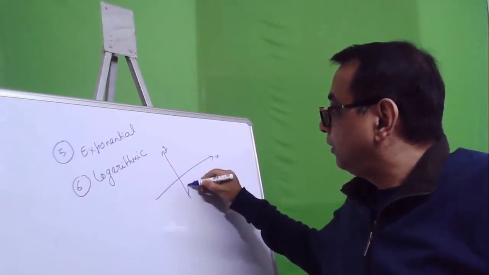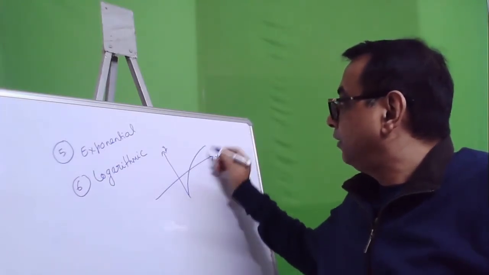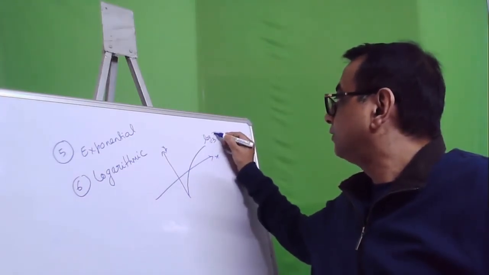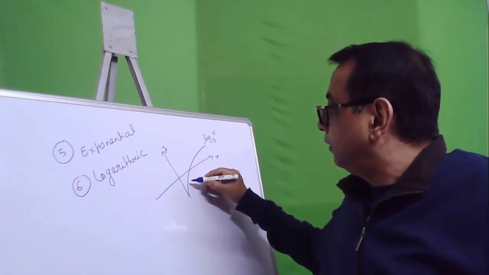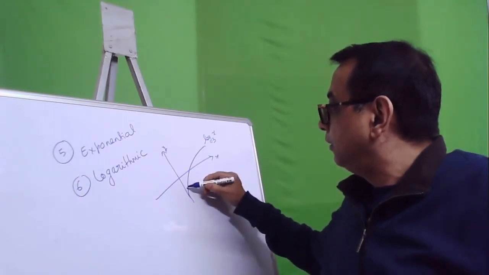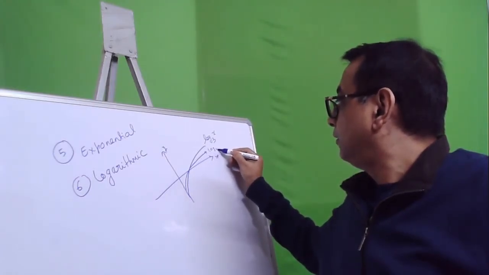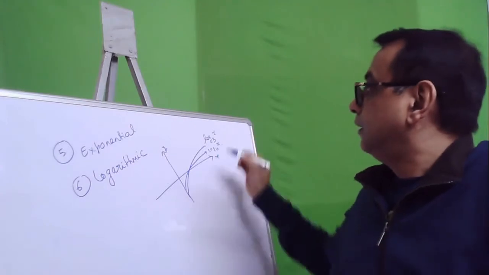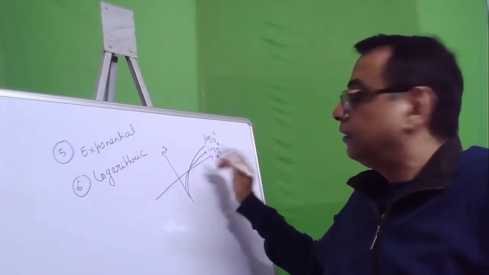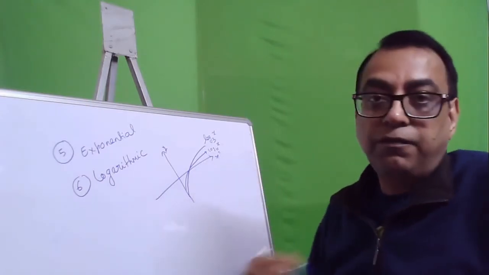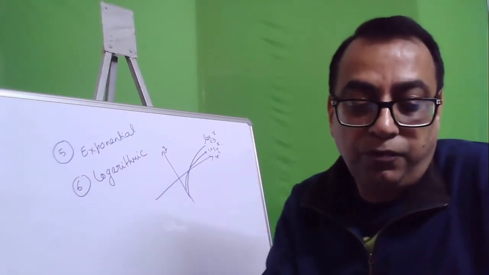So it will be like this. Say it is log 3x, then log 10x. The higher the base, the flatter the slope for logarithmic functions.